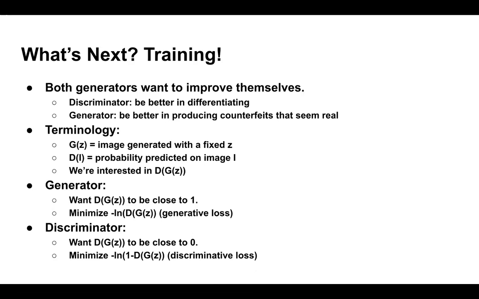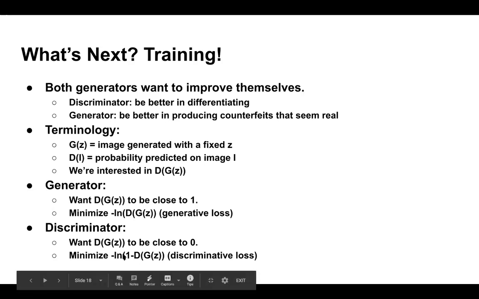So 0 means it's fake, and therefore it has a different loss, which is minus ln of 1 minus this probability. So this one has value 0 when it predicts a 0 probability, and value infinity when this is 1.